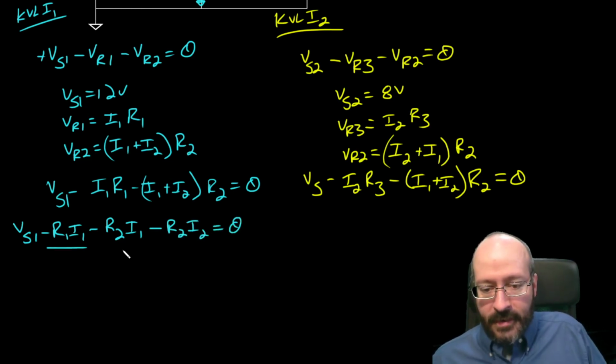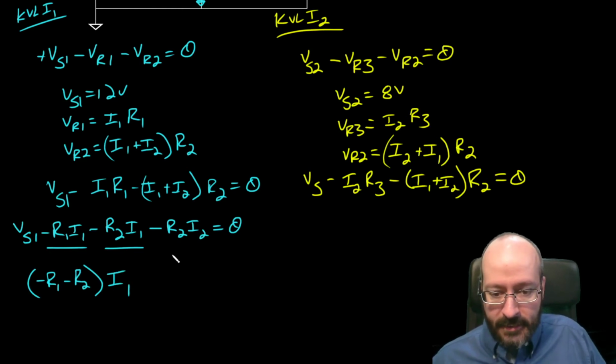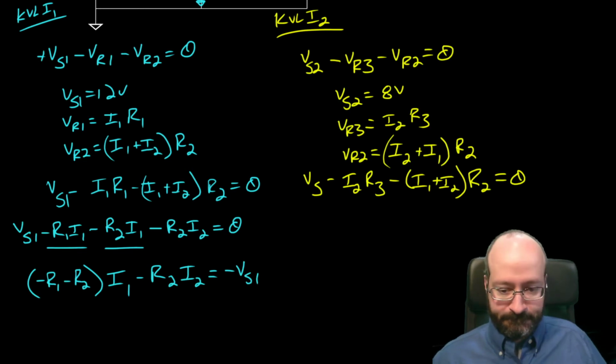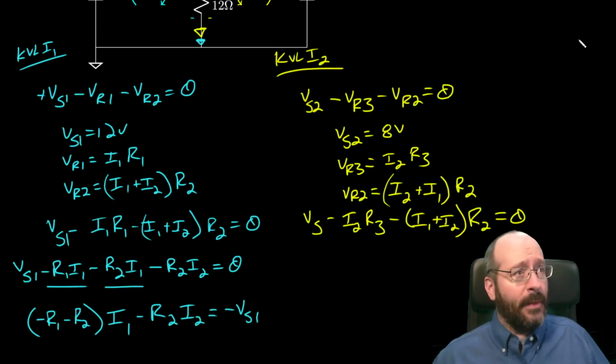Grouping like terms, here's my I1 terms. It's going to be negative R1, negative R2, I1. And this is just playing with my head because they're different directions. Negative R2, I2. Bringing VS1 over, it's going to be negative VS1. Okay, and that's in a pretty good form.